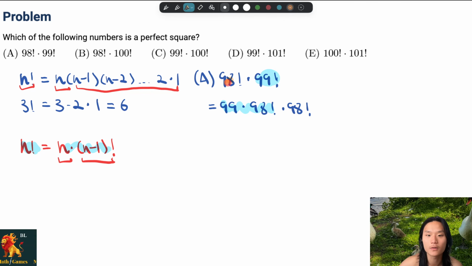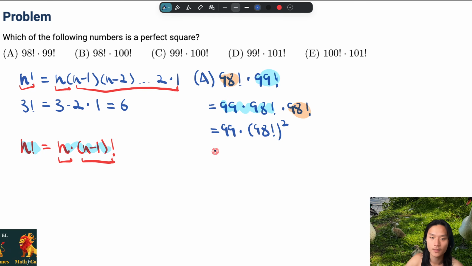Then we have 99 multiplied by 98 factorial squared, because there are two 98 factorials, so we square them. And then we want to break down 99. Well, we have 9 times 11, which can also be written as 3 squared times 11 times 98 factorial squared.